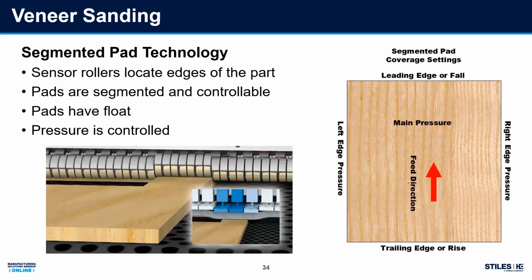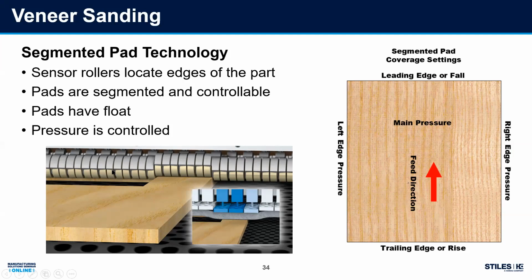So a little bit on the technology. The segmented pad technology has been around for a long time, but it's important to understand what it is. If you can see on the image on the left and my cursor, on any segmented pad system, you have a set of sensing rollers on the front of the machine.